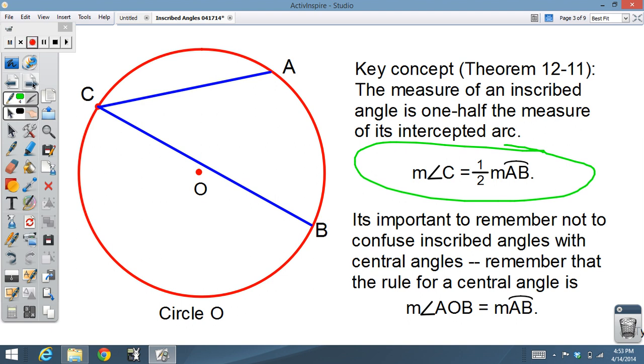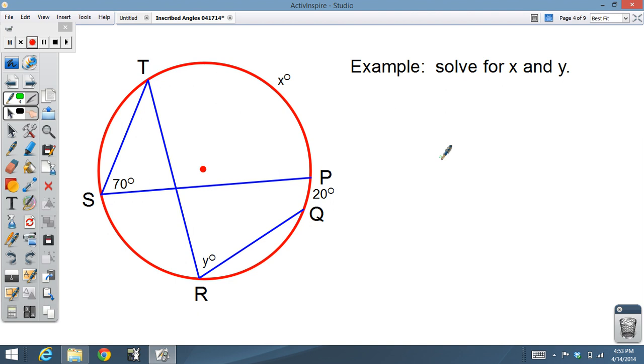Next, how this is going to work. It's just an example here. Find the measure, solve for x and y. So here's x, here's y, and we're going to use that little rule that we just talked about.